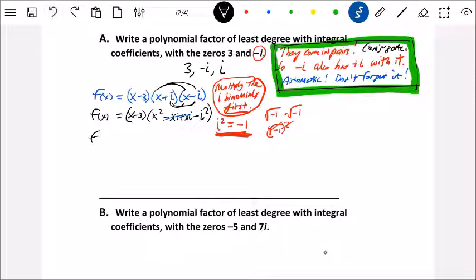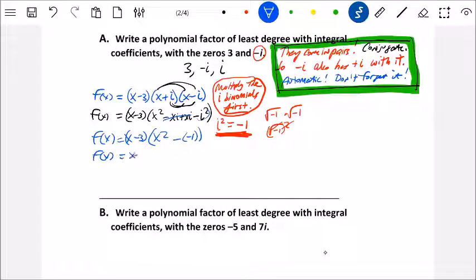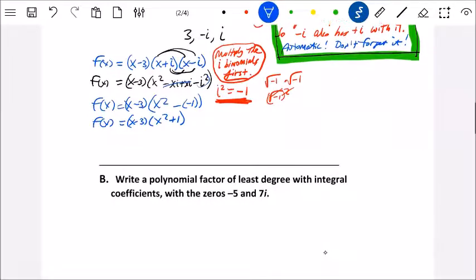So back here, because of that, we have x minus 3 and x squared now minus the i squared, which is a negative 1. So we have f of x equals x minus 3 times x squared plus 1. And now all we need to do is to multiply those. x times x squared is x cubed plus x minus 3x squared minus 3.